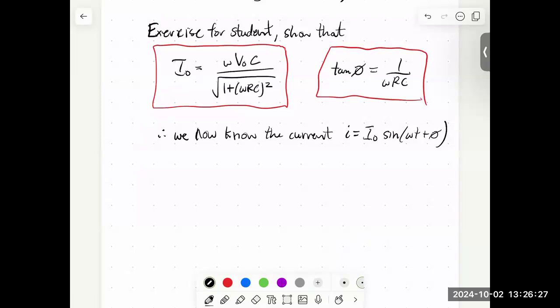Okay, so this RC circuit that we've been thinking about actually has some practical uses. A practical use of this RC circuit, which is driven by a sine wave.